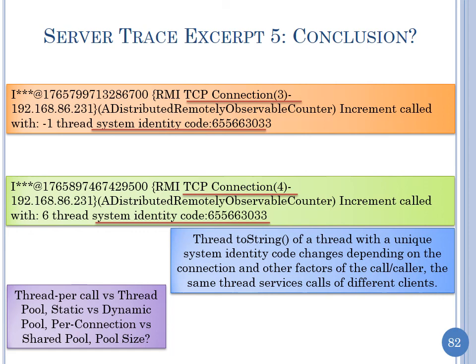Honestly, when I was trying to figure this out, I thought it would remain constant till I saw behavior that I just didn't believe should occur, and finally I was able to get the data I needed. So we do see that the same thread can service calls of different clients.